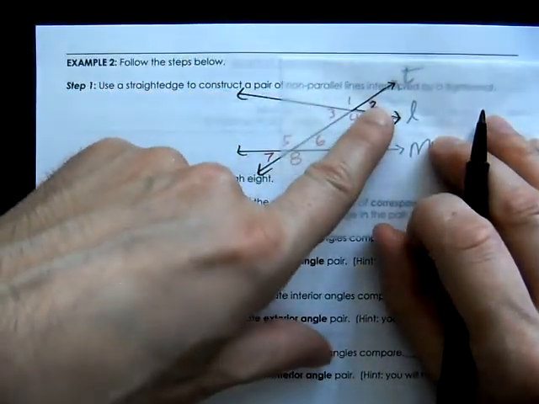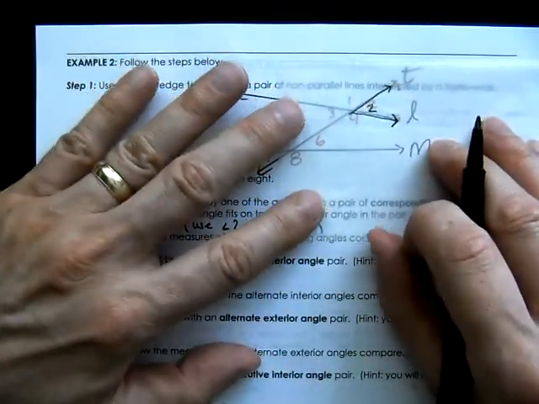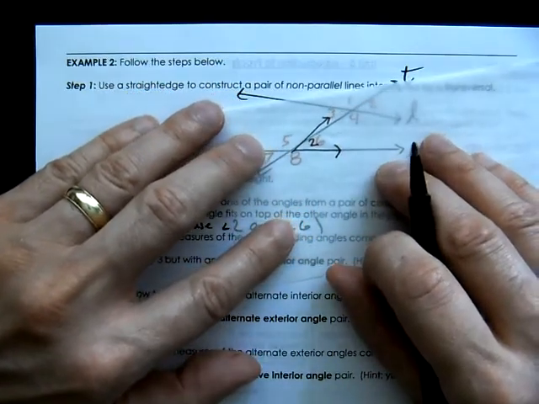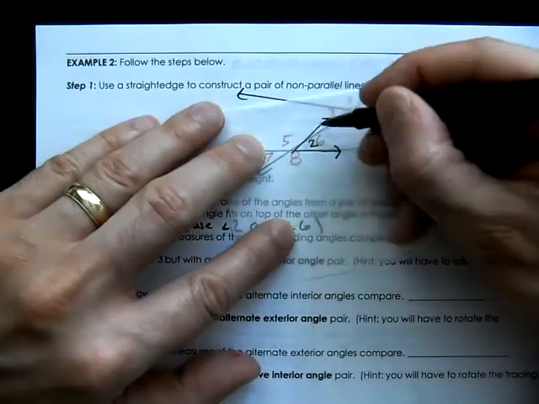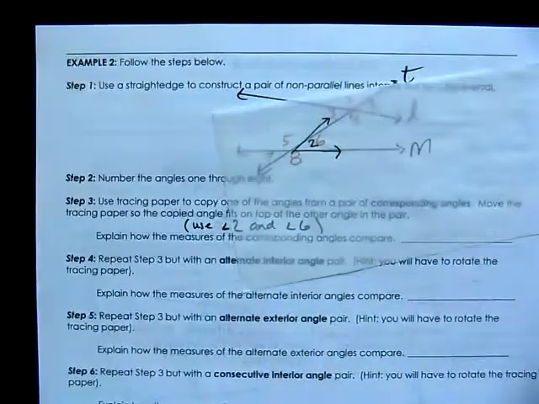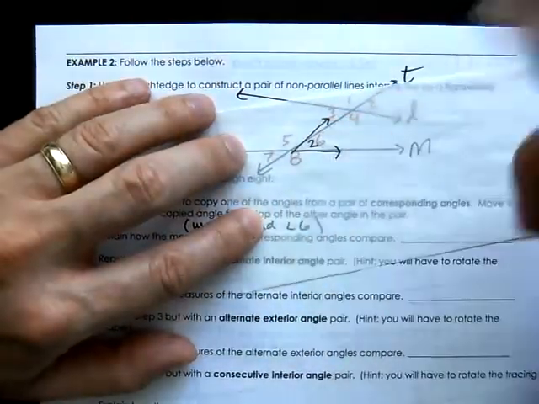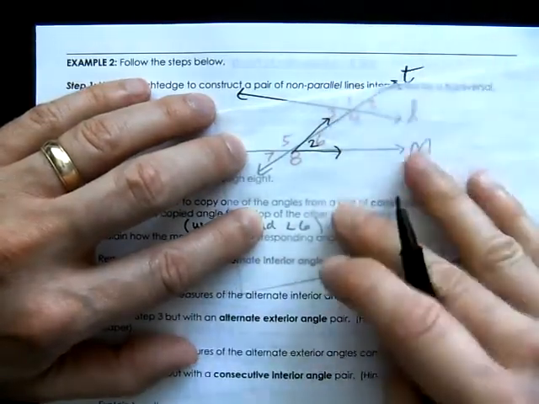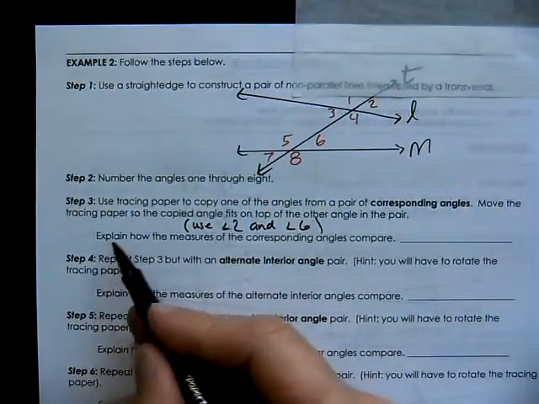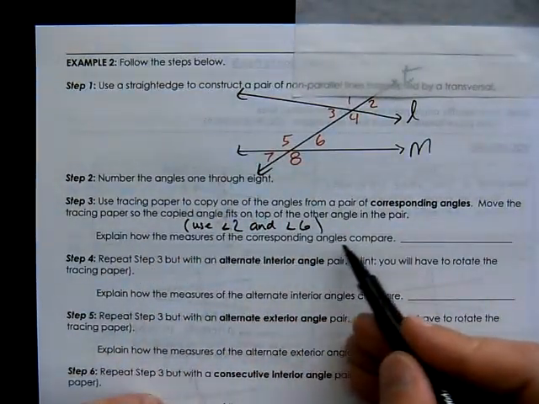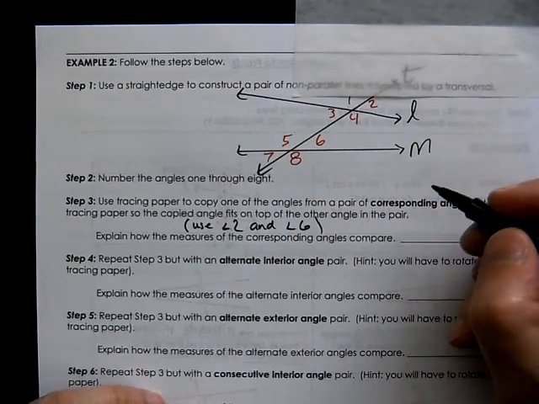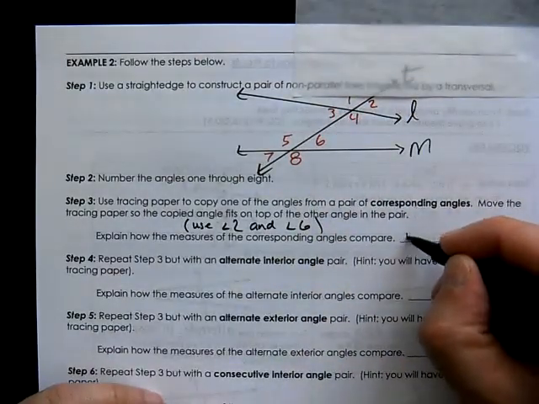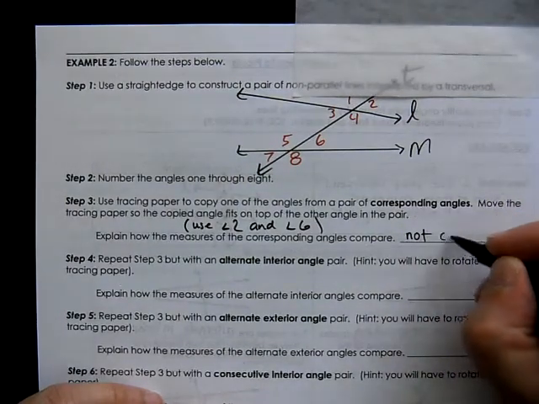Because angle 2 corresponds with angle 6, we're informally comparing the sizes by putting angle 2 on top of angle 6 and asking the question, do they look to be the same size? And the answer is no, they don't. Angle 2 is a little bit bigger. So in explaining how the measures of these angles compare, they are not equal in measure. Now we don't have specific angle measures, so in a more general sense we would say they are not congruent.